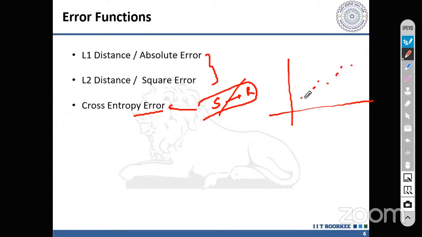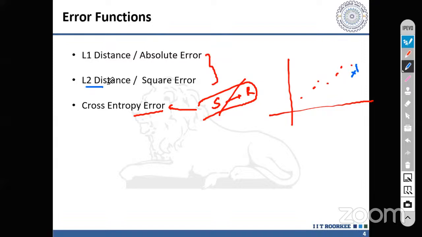You have the actual outcome and you are predicting something like this. So what is the error? You will consider this error as absolute error or squared error. What is the distance? You can consider it a simple distance, then it's an absolute error, meaning if it is minus also, you consider it a plus. And then you can consider a squared error, meaning whatever distance error is there, you just square it.